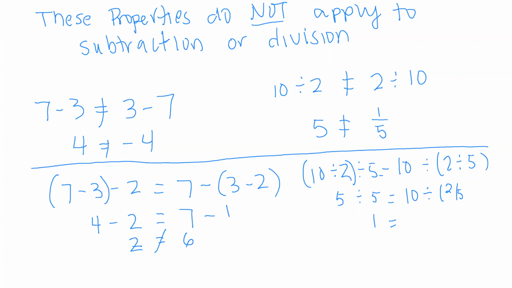You may not know this yet because we haven't really talked about fractions, but this would end up being 2 times 5 halves, which is 5. Not the same. So these two properties, the associative property and the commutative property, absolutely do not work with subtraction or division. They only apply to addition and multiplication. So keep that in mind.